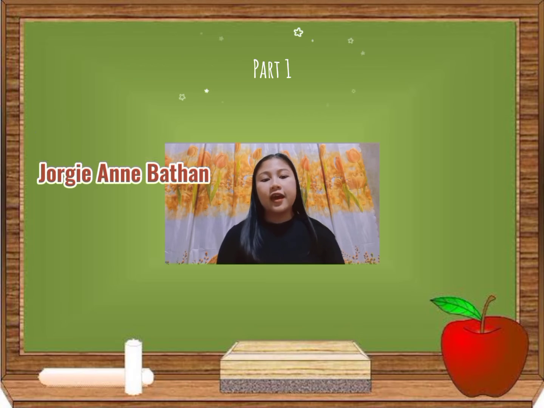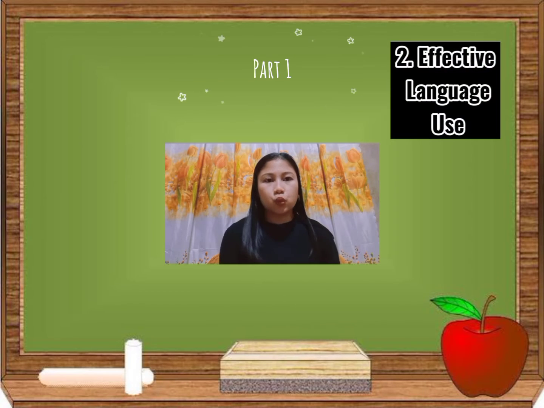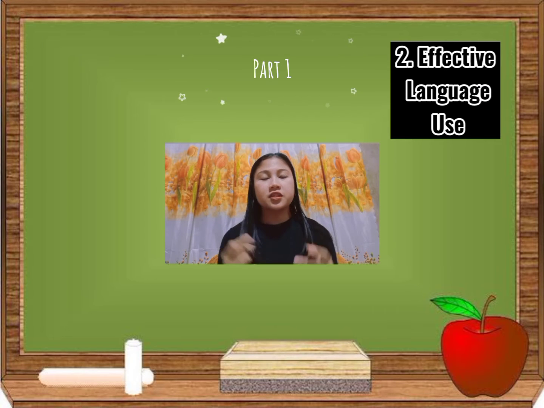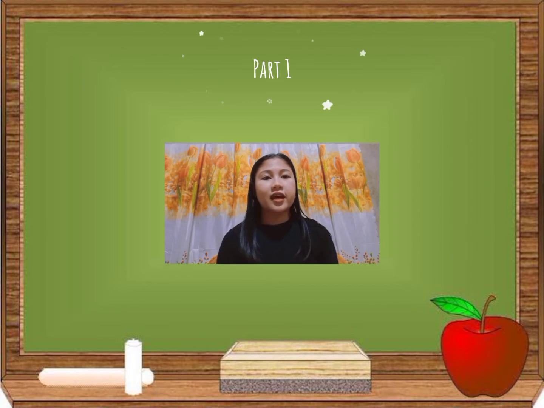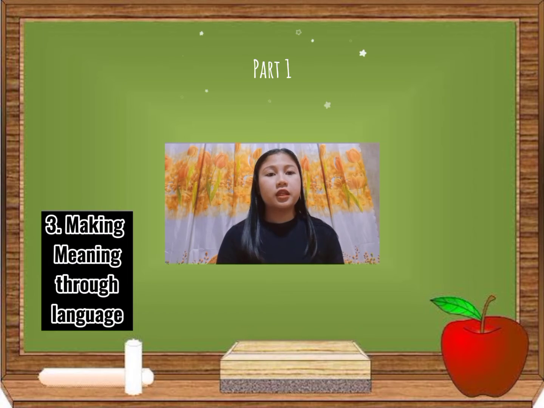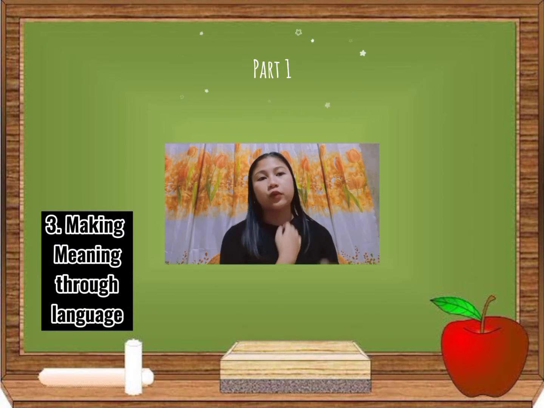And next is the effective language use. Under the effective language use are understanding the culture, understanding language, and process and strategies. So this will be discussed by Shira Majan-Teles. And our third cited salient feature is making meaning through language.